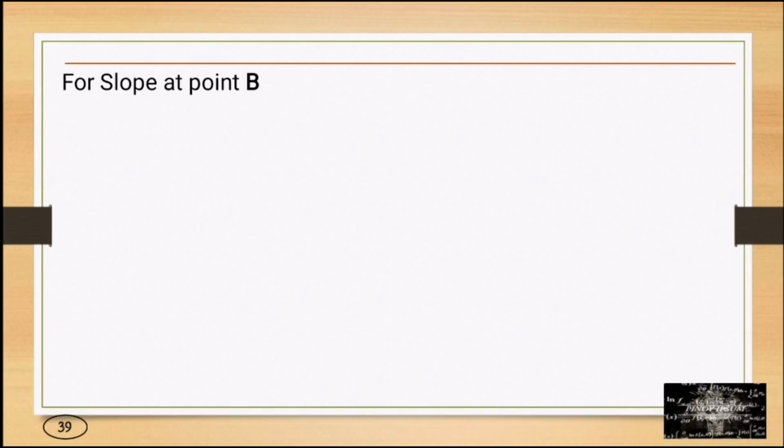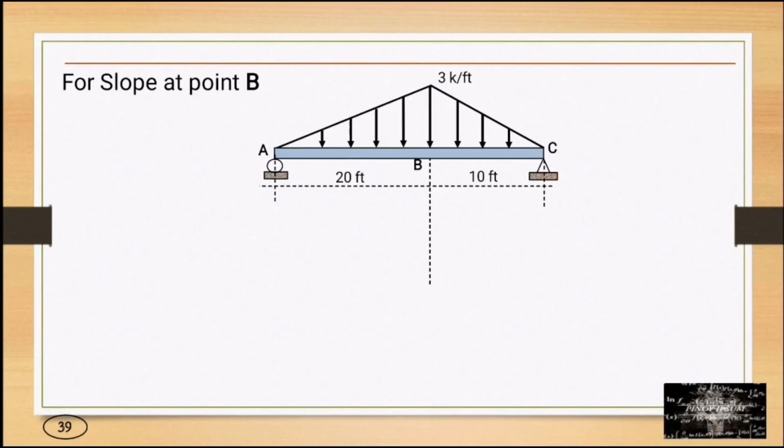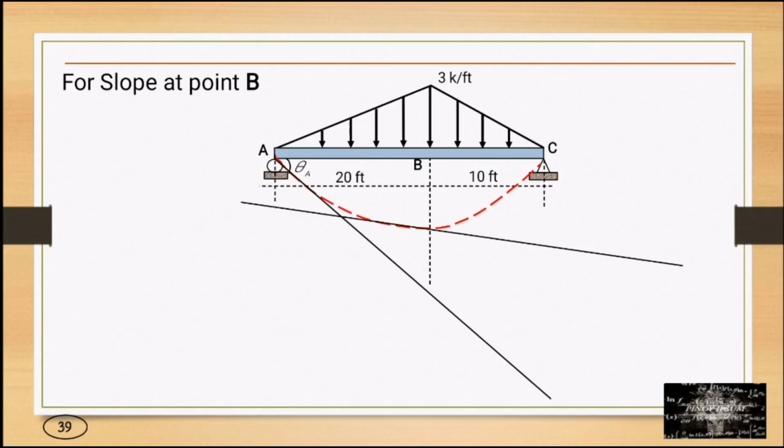For the slope at point B, we have an elastic curve. The tangent drawn at A gives us angle theta. We need to draw a tangent line at point B with a corresponding horizontal line. So this is angle theta, and this is angle theta also.